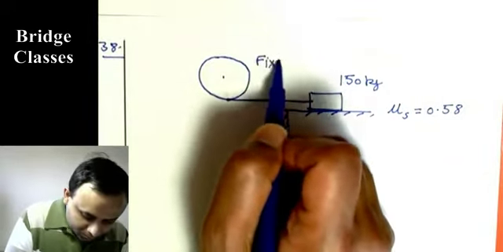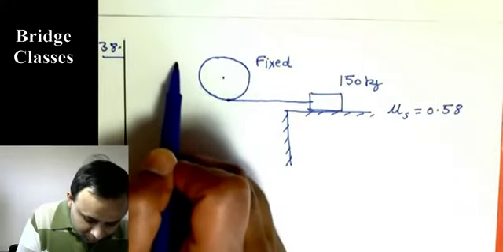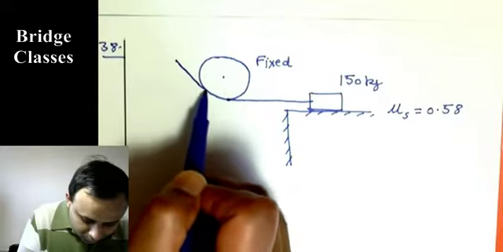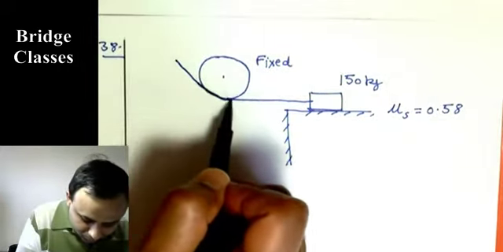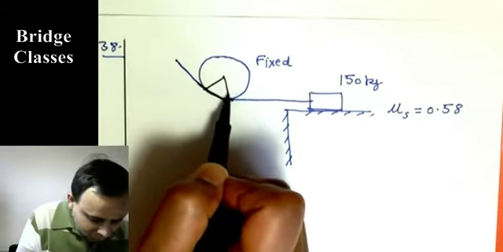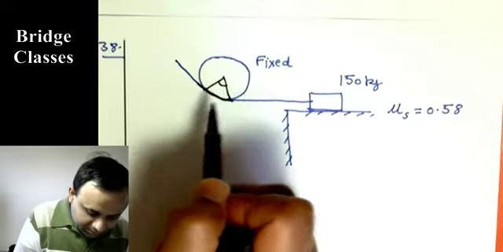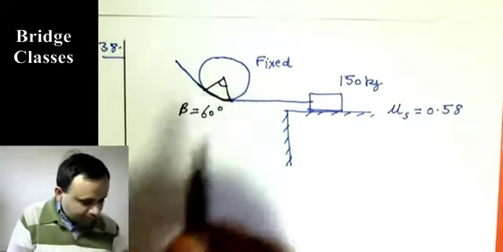This is fixed and the belt goes around it. That's the belt. The angle between tangents at these two points, this angle beta, is 60 degrees.